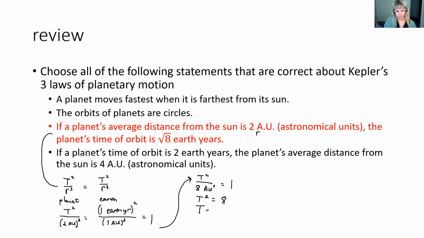So for the period of the planet, I've got to take the square root of both sides. The period of the planet is the square root of 8. And we're dealing in Earth years, because those are the units we started with, Earth years and astronomical units.